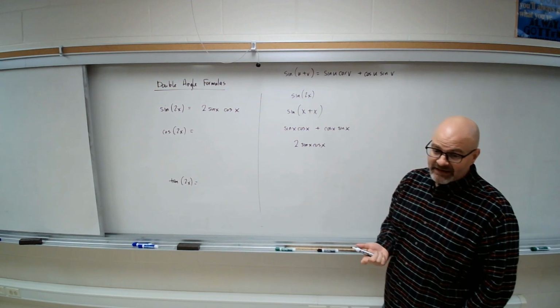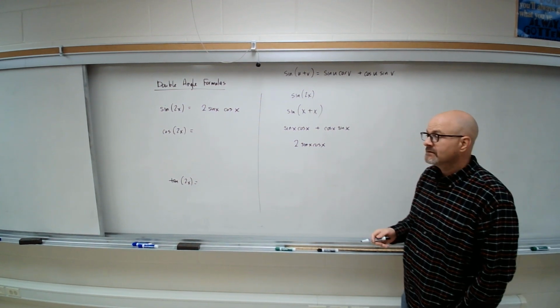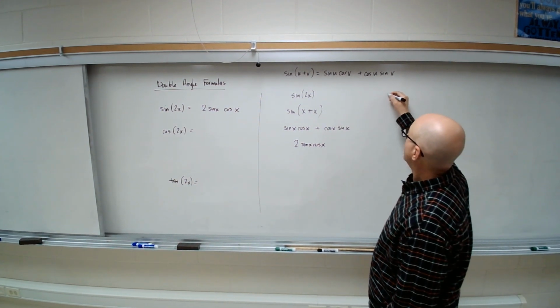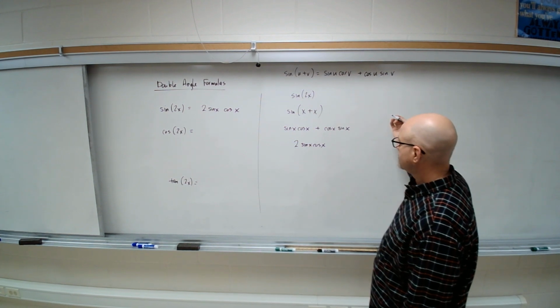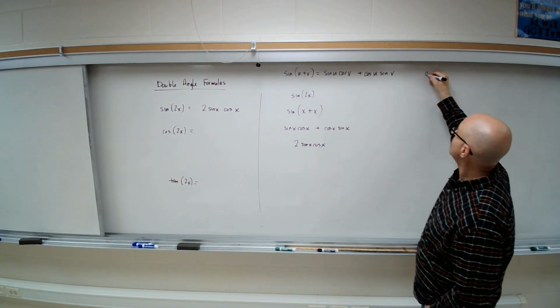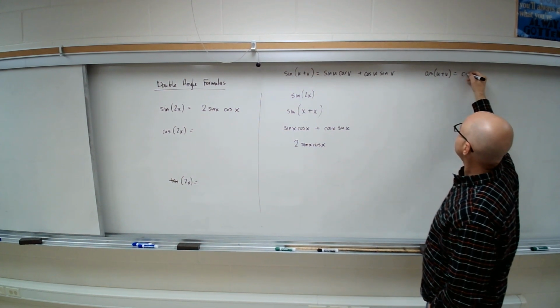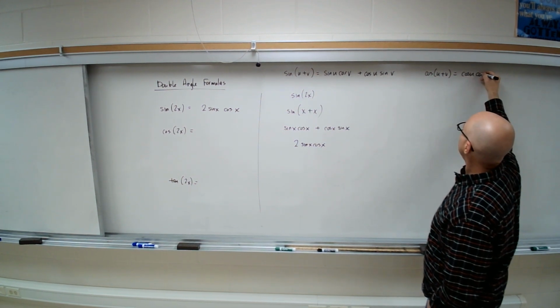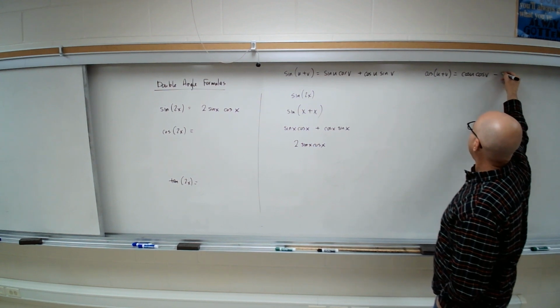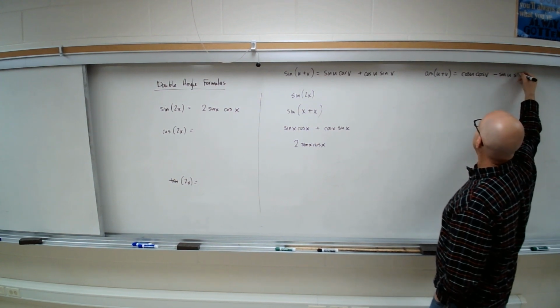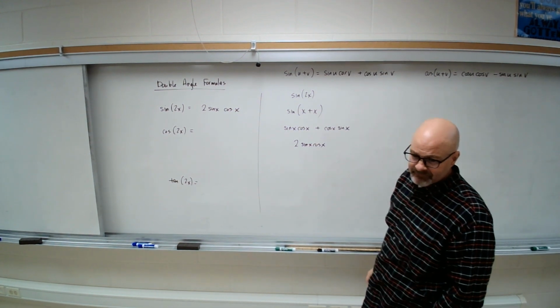Okay, so when we go to find cosine, we're going to do the same thing. If you recall here, the cosine of u plus v is cosine u cosine v minus sine u sine v.